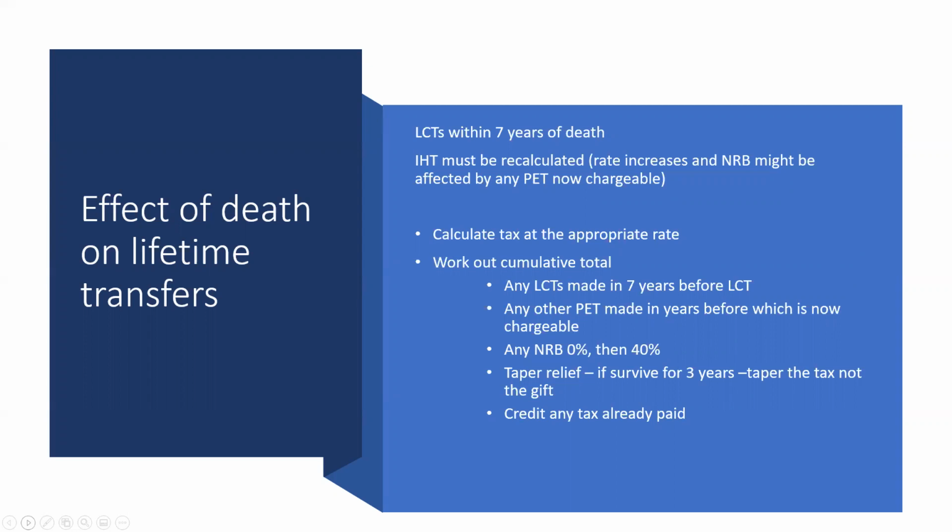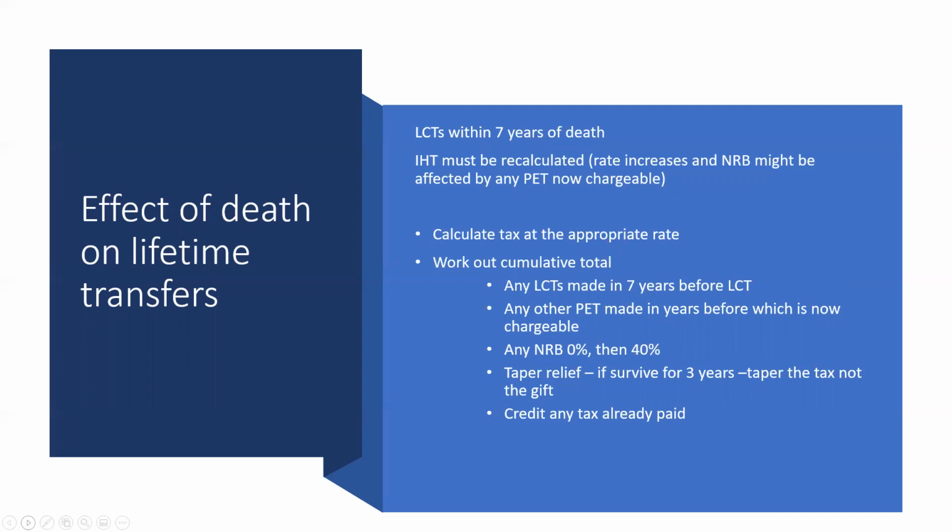Because, of course, any PET that was made before that lifetime chargeable transfer wouldn't have used the nil rate band because it wasn't chargeable. But now if that PET has become chargeable, but it was earlier than the lifetime chargeable transfer, it will get first bite at that nil rate band.